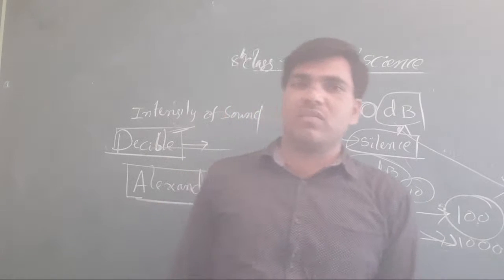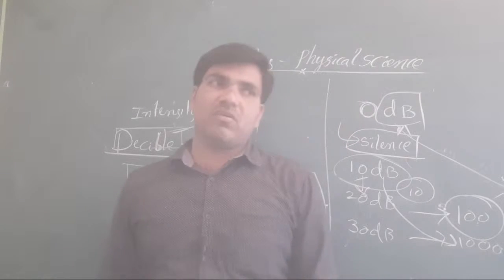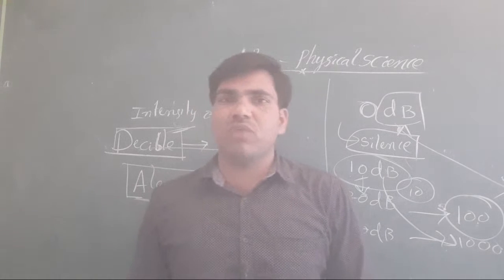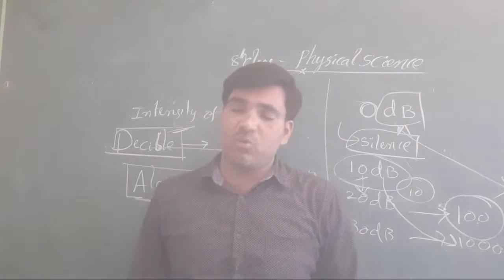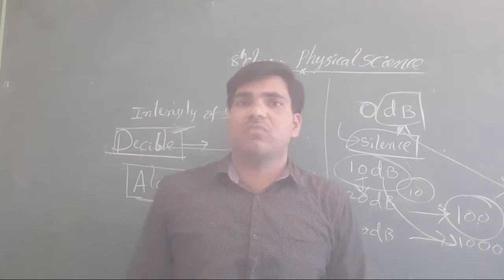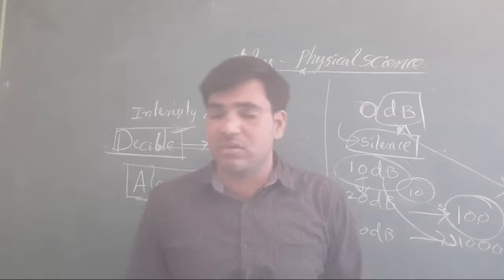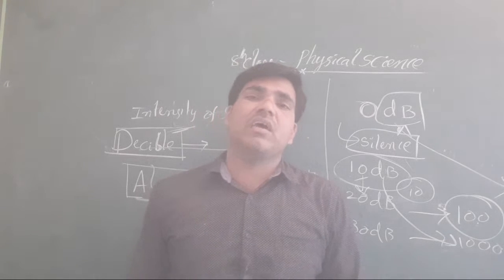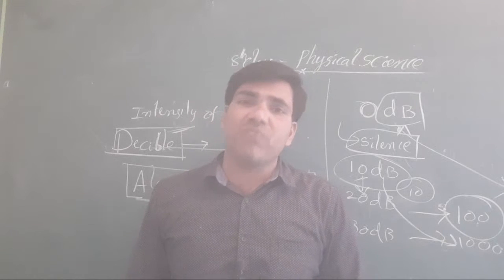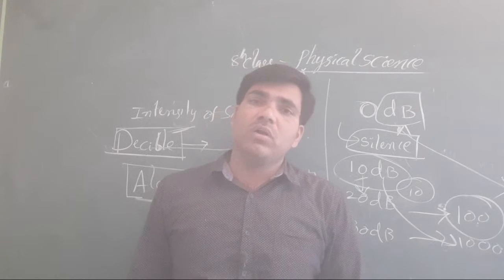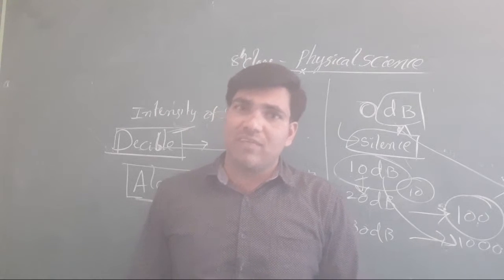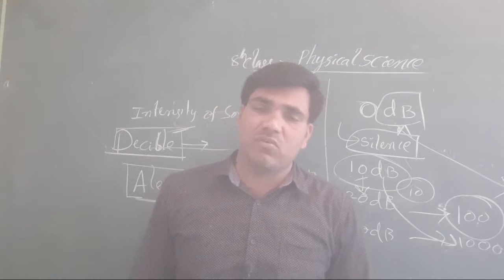Infrasonic sounds are nothing but 0 decibels to 20 decibels intensity of sound. Those sounds are called infrasonic sounds. 20 decibels to 20,000 decibels, those sounds are called audible sounds.